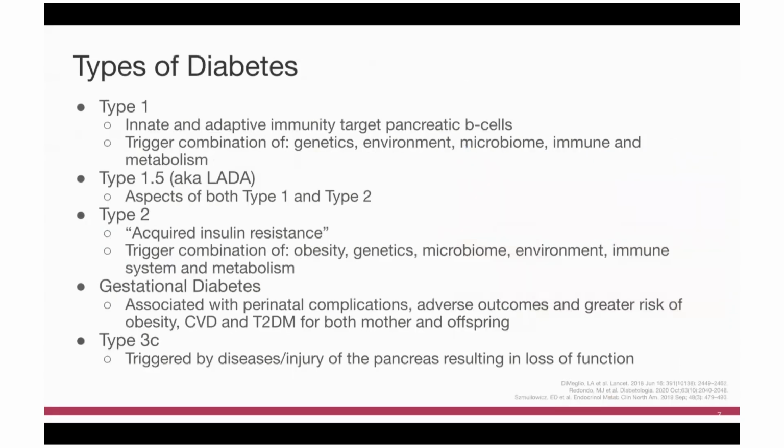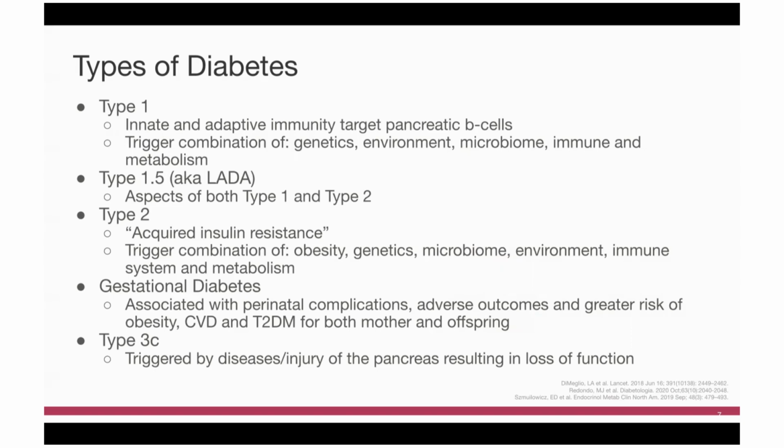Let's take a minute to look at the types of diabetes and review just some basics about them. Type 1 diabetes involves both innate and adaptive immunity, and it's targeting the pancreatic beta cells. The triggers can be genetics, the environment, microbiome, immune, and metabolism. Type 1.5, which is the latent autoimmune version, is a bit of a hybrid, and it includes both type 1 and type 2 characteristics.